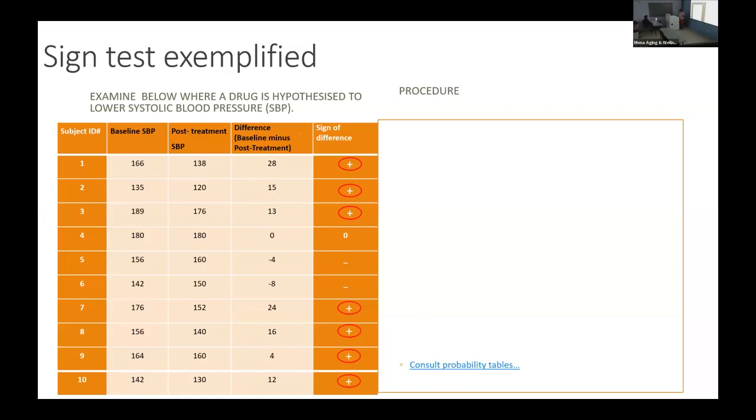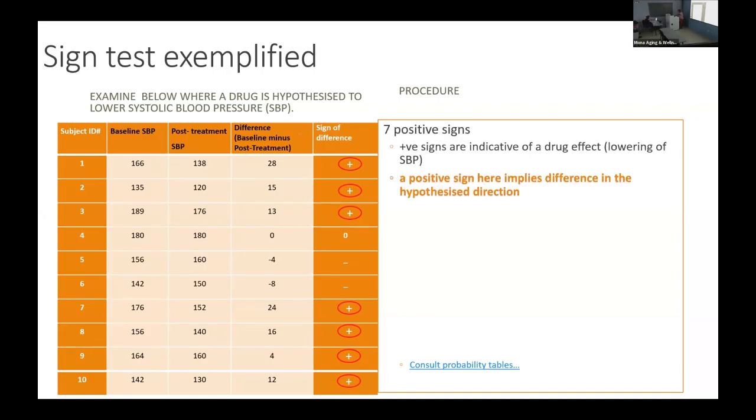So we have 7 positive signs and 2 negatives and a 0. 7 positive signs. And like you said, positive signs are indicative of a drug effect, the lowering of SBP. So a positive sign here implies a difference in the hypothesized direction. So you don't want to forget that.